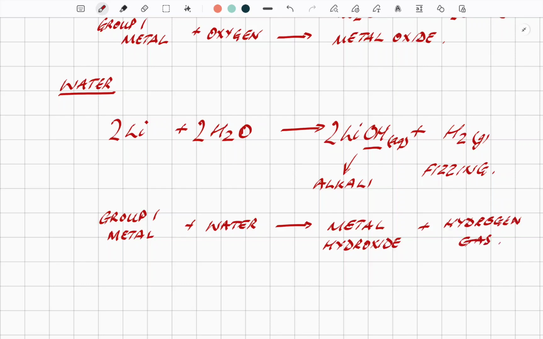And as I said earlier, it's the hydrogen gas being given off that creates the fizzing. That's the effect of the fizzing. Okay, so that's the water part.